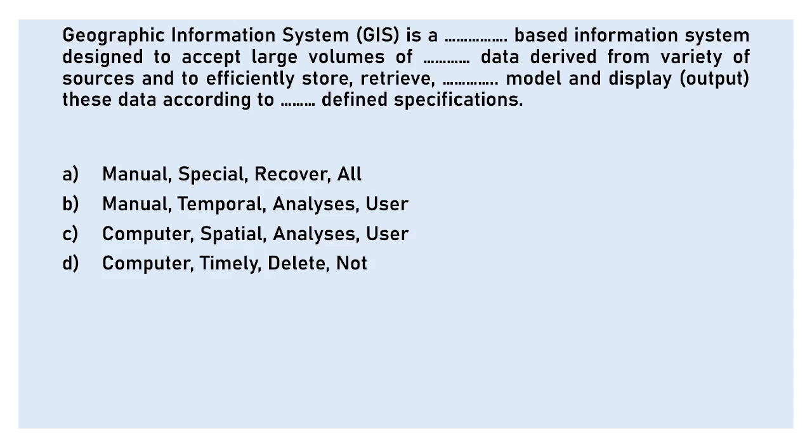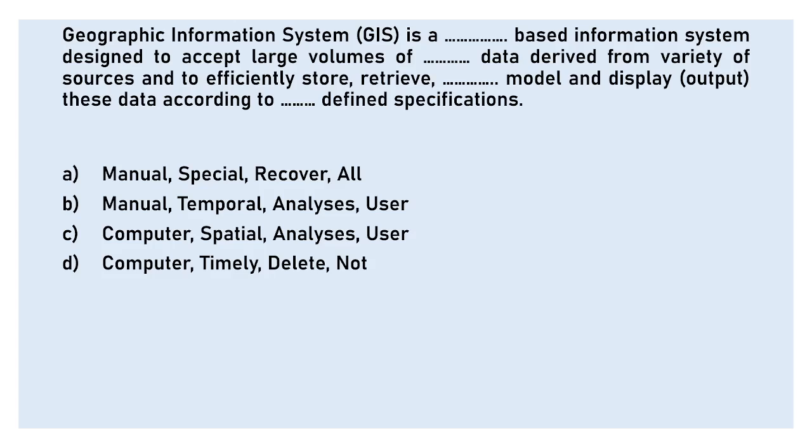The geographic information system is a dash-based information system designed to accept large volumes of dash data derived from a variety of sources and to efficiently store, retrieve, dash, model and display output these data according to dash defined specifications. This is essentially the definition that was given, so you just have to fill in the information that you already know.